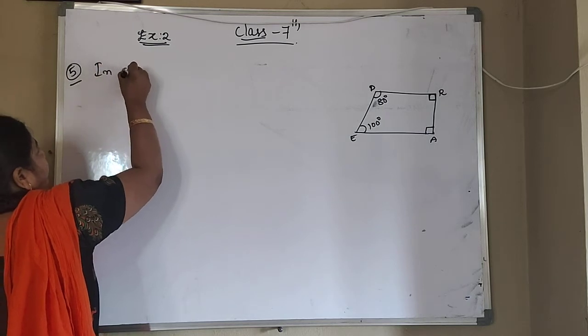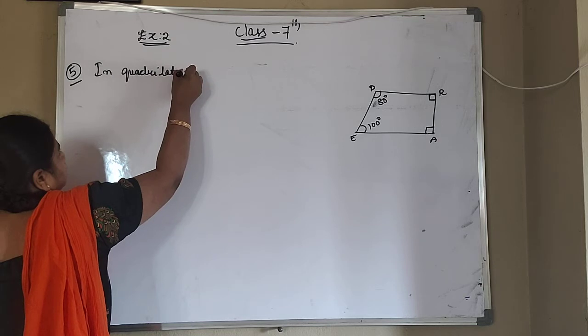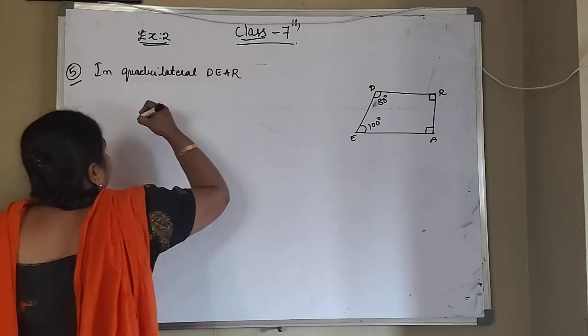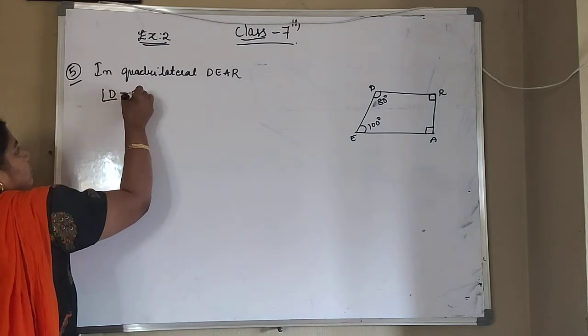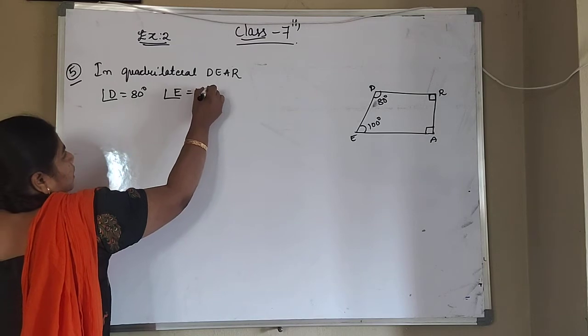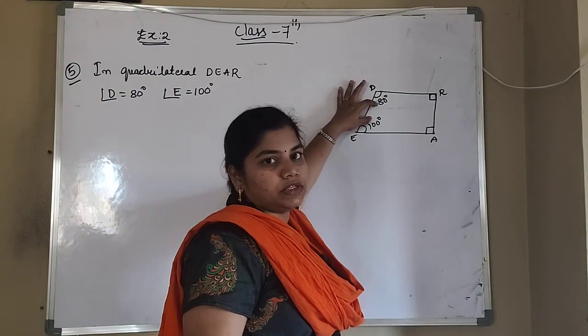So in quadrilateral DEAR, they have given angle D equals 80 degrees and angle E equals 100 degrees. If you add these two adjacent angles, that will be equal to 180.